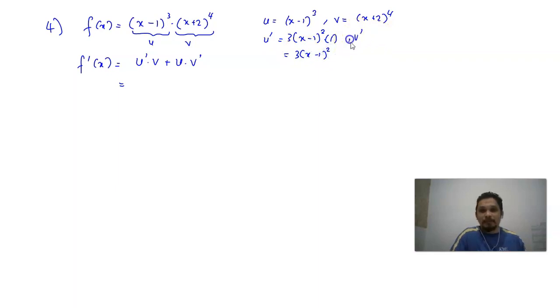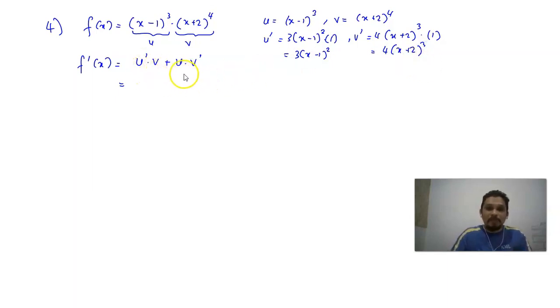Then v prime: differentiate 4(x + 2), 4 minus 1 equals 3, multiplied with the derivative of x plus 2, differentiate x, 1. Then 4(x + 2) cubed.